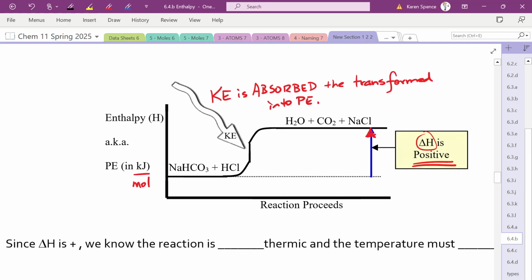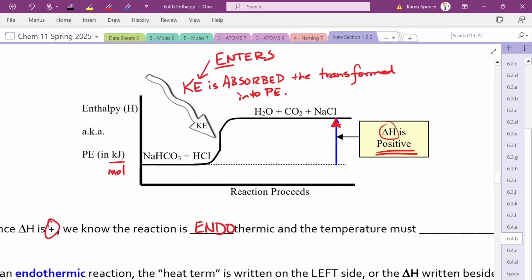What type of reaction is this? Delta H is positive. Is this endo or exothermic? This is endothermic. Because look at our kinetic energy enters. So it's endothermic. And if it is endothermic, what's happening to the temperature? Is the temperature getting higher or is the temperature getting lower? Temperature's getting lower.